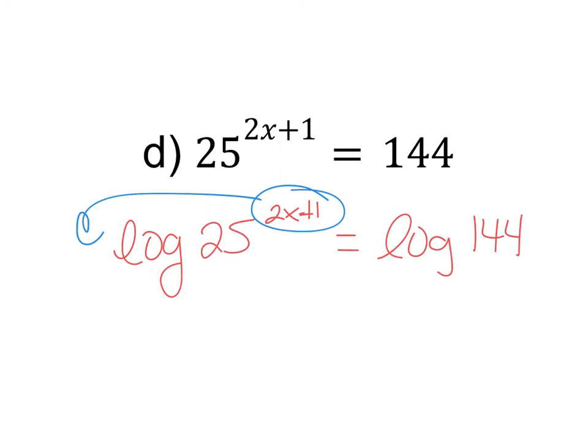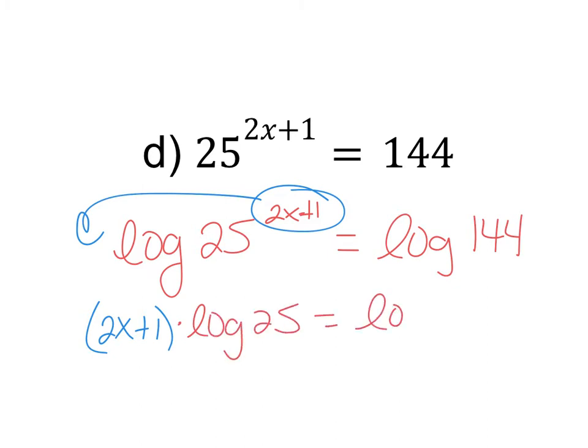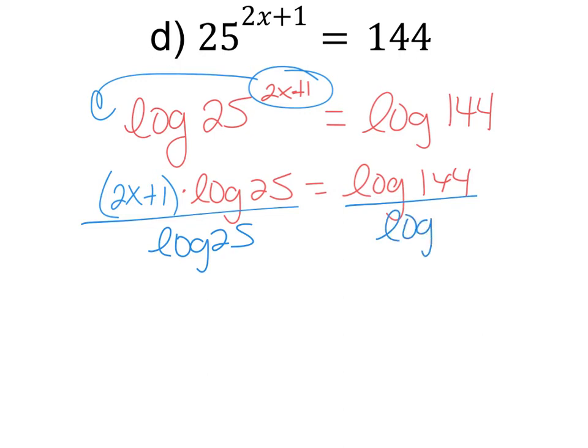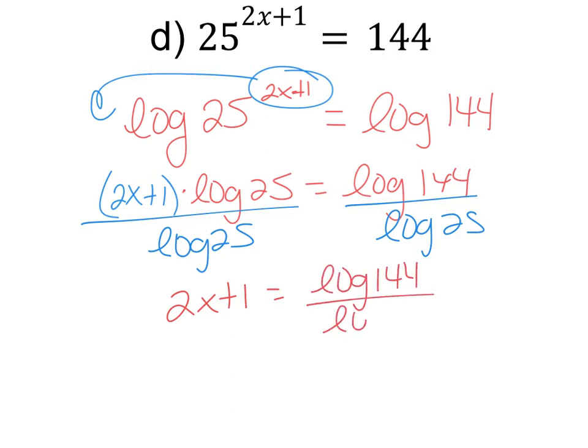So now I have, in parentheses, because it's a binomial, 2x plus 1 times the log of 25 equals the log of 144. Divide both sides by the log of 25, just like we did on the last problem. You have 2x plus 1 equals log of 144 over the log of 25.